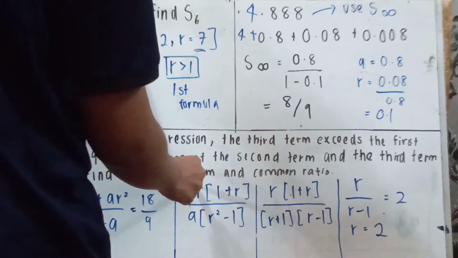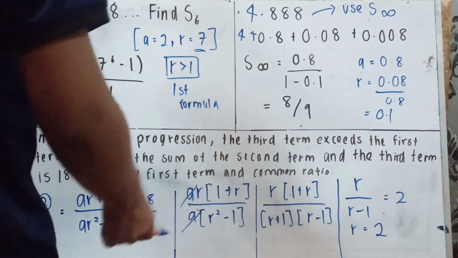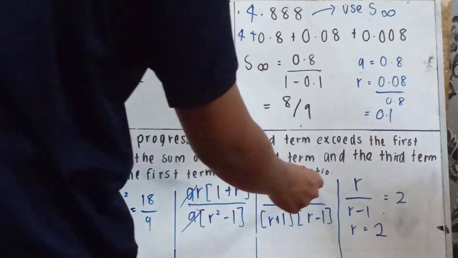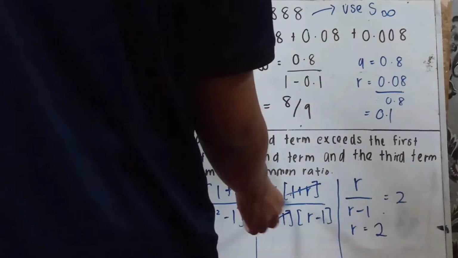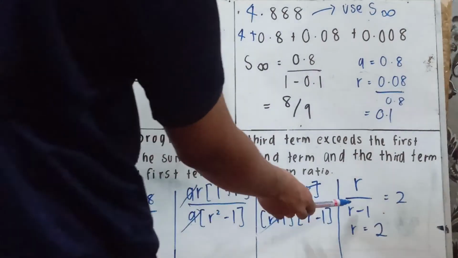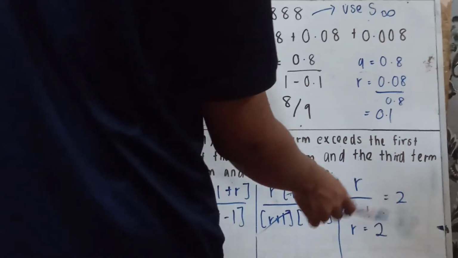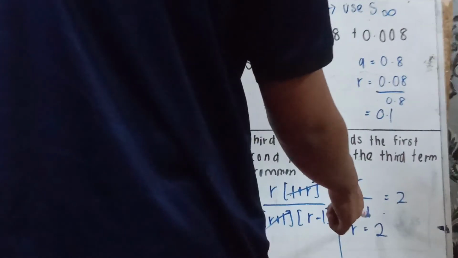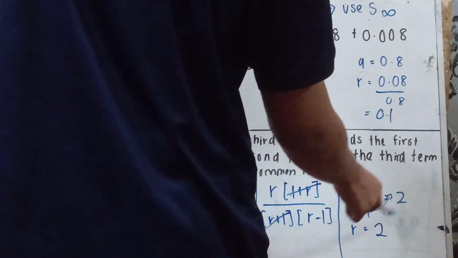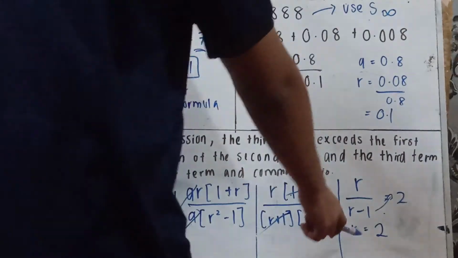Then we need to cancel A to make it easier. Cancel, so this is the only term that exists. Okay, so we divide this with 2, R minus 1 divided by 2, and we will get R equal to 2.